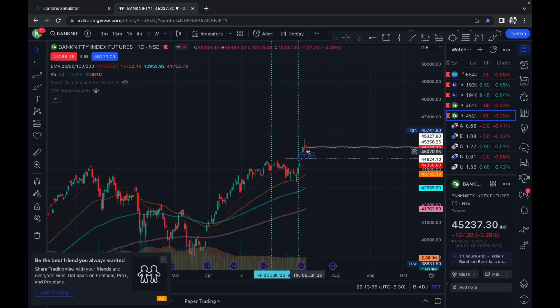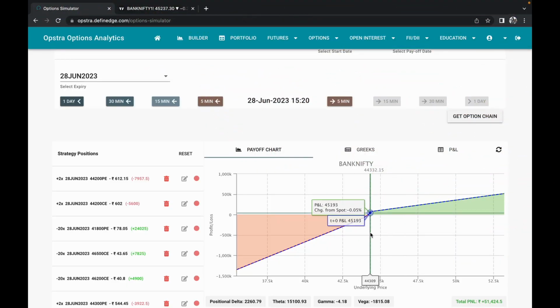But the adjustment is in such a way that it automatically identifies that the market is going to go up. It is clearly visible in the Bank Nifty chart also that the market is going up, and if that happens, then we are making unlimited profit. This is a very awesome strategy, and the adjustment is even more awesome than the strategy is.